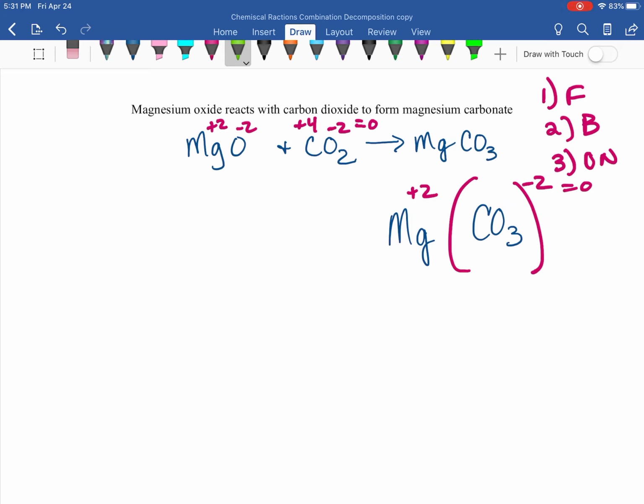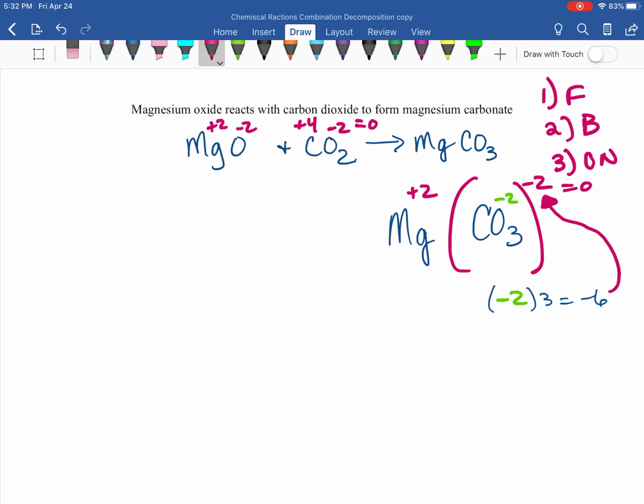So what do we do? Well, we have to figure out the oxidation number for the carbon and the oxygen within the carbonate. So we're going to follow the same rule. Which one is the more electronegative, carbon or oxygen? It's oxygen. Oxygen will follow its rules. Okay, -2. So then now what does this carbon have to be?